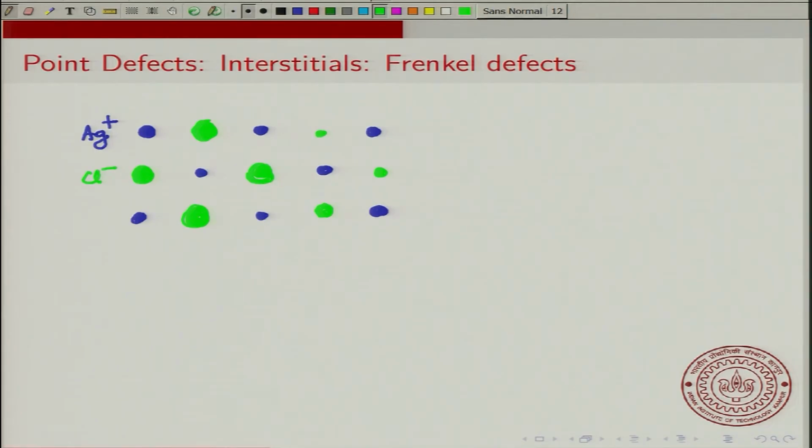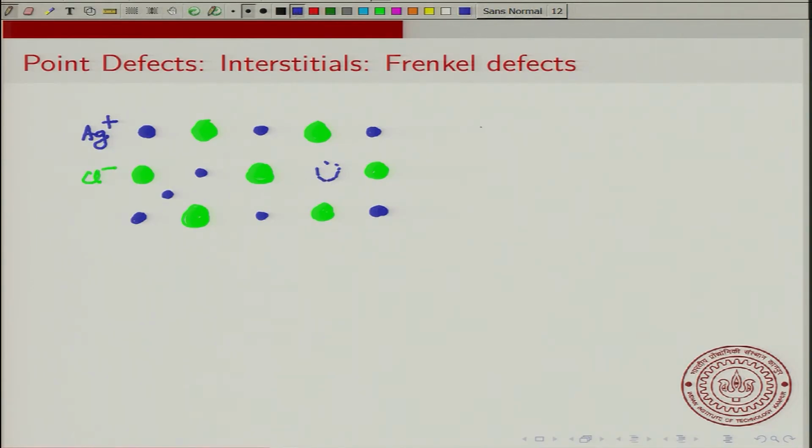And in this case, the Frenkel defect corresponds to a silver atom leaving its site. It leaves its site and goes to some interstitial site. So, this would be an example of a Frenkel defect. So, this is a vacancy interstitial pair.